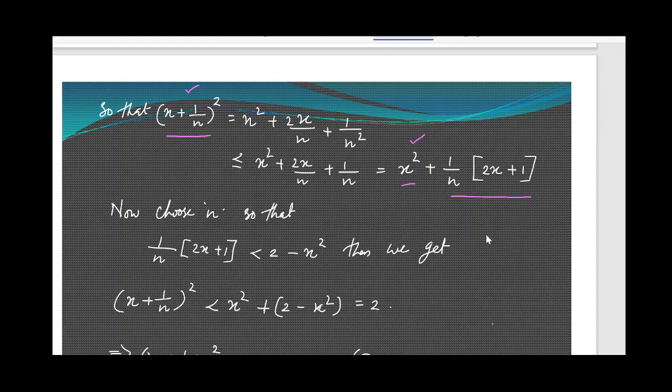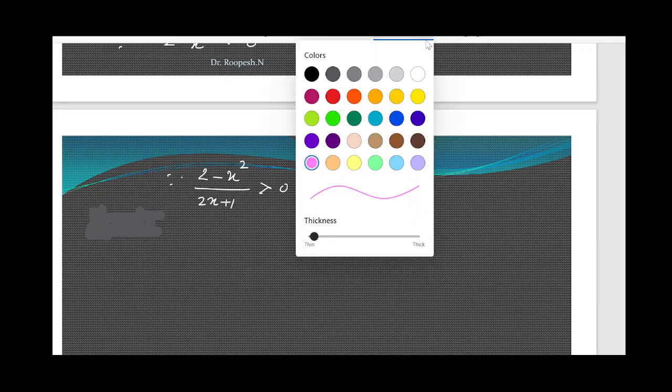So 1/n is always positive, so 2x plus 1 should be greater than 0. So (2 minus x square) by (2x plus 1) should be greater than 0, right?